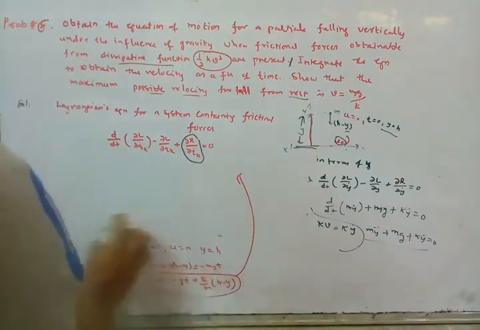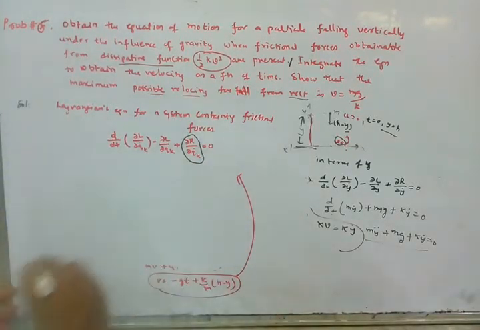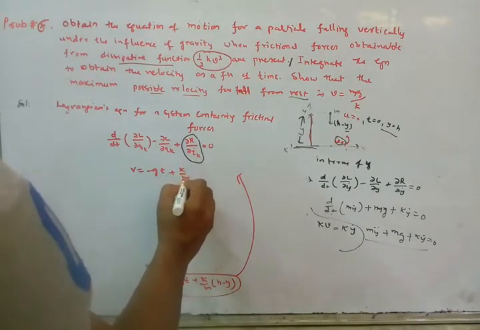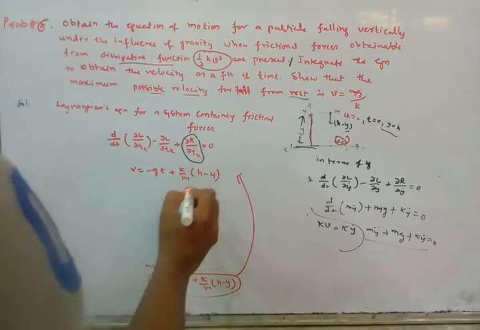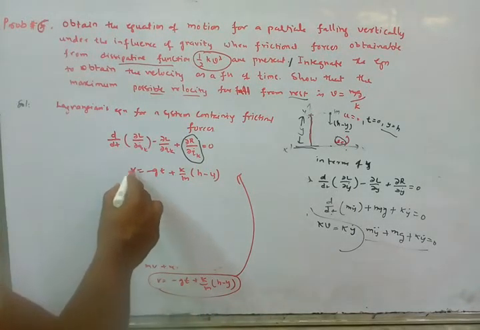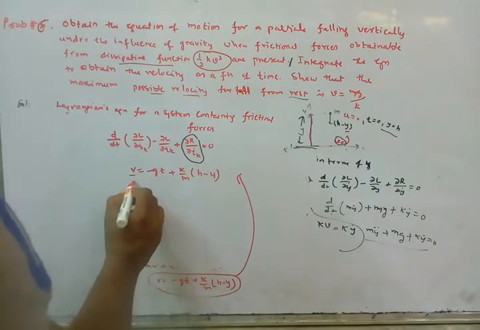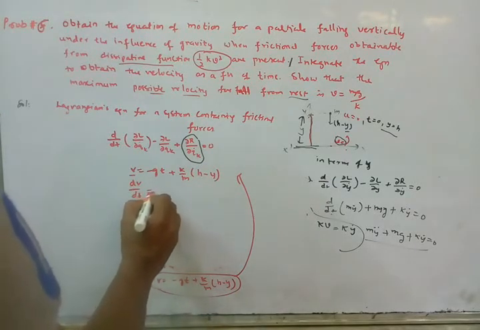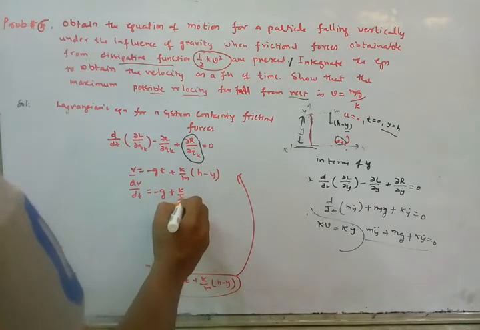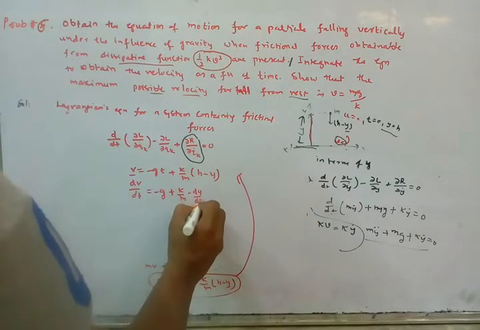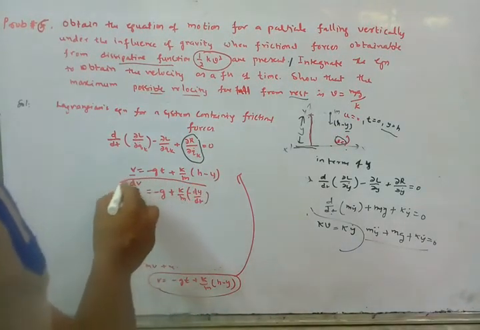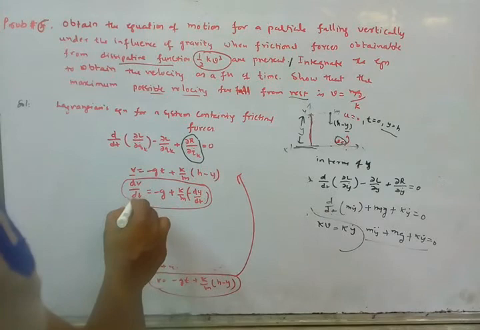What we are doing now: we have this equation, v equal to minus gt plus k by m (h minus y). Differentiating the equation with respect to time, dv by dt equals minus g plus k by m times minus dy by dt. Here, at maximum velocity, dv by dt equals 0.